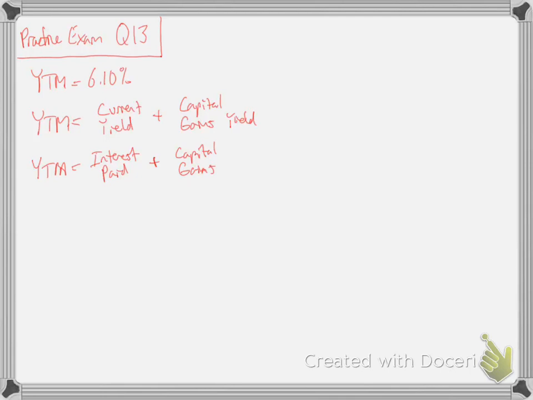So we need to calculate what the price of the bond was at the beginning of the year. So I'm going to call that PV0, or the price of the bond, the present value of the bond at the beginning of the period, or the beginning of the year. Okay, so I'm going to take the price at the end of the year that was told to us in the question, and I'm going to divide that by 1 plus the change in the bond's price over the course of that year.